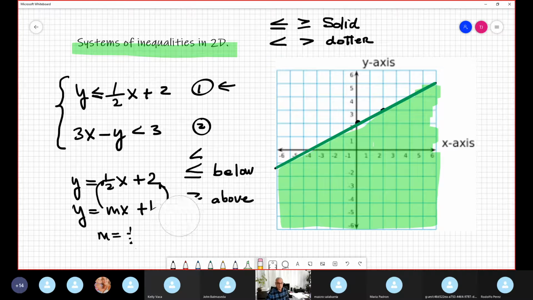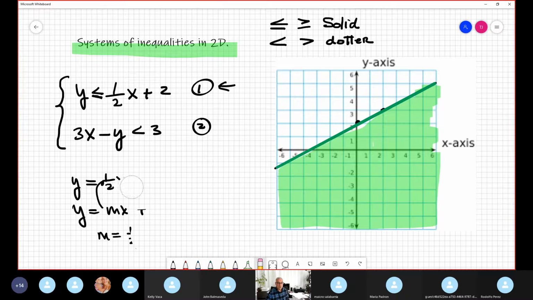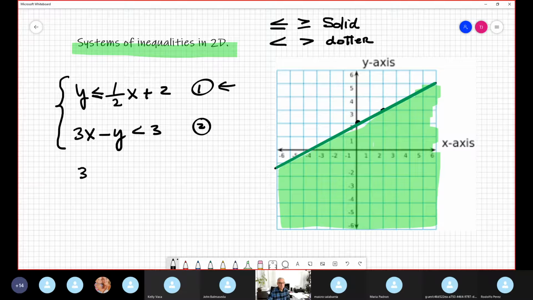The solution for the second is similar, but in this case the line is not expressed in slope-intercept form. First of all, remember the methodology I explained the last time. You solve for y.